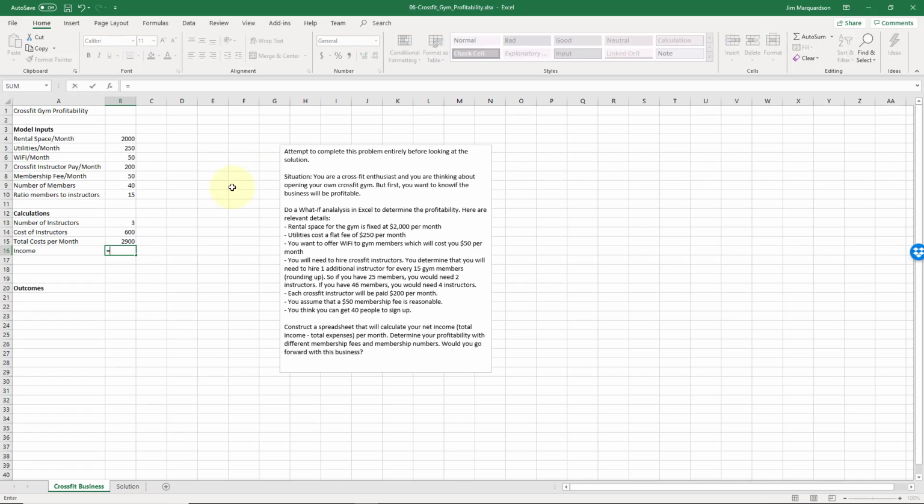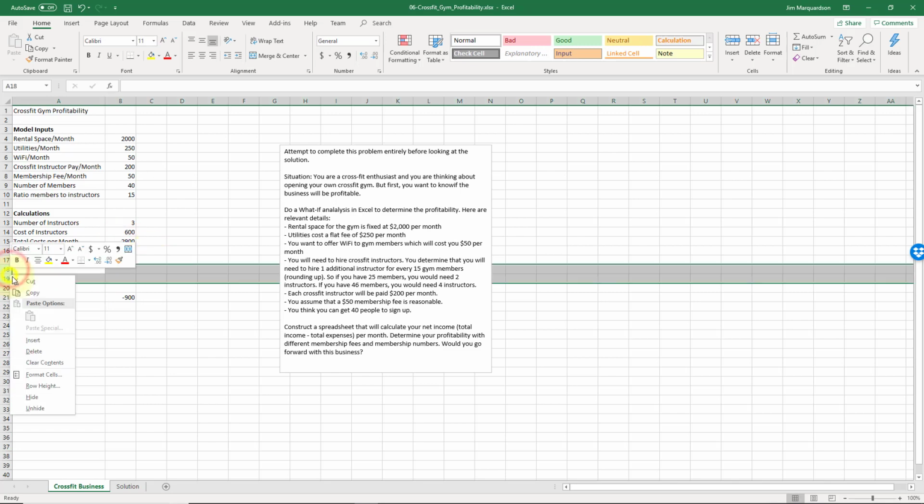So I'm going to multiply the number of members times the membership fee. I'll call this profit, loss, and the outcomes. That's what I care about. So that's going to be income minus expenses. Yikes. So we're losing money a little bit.